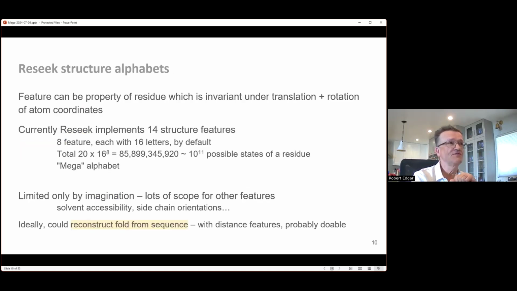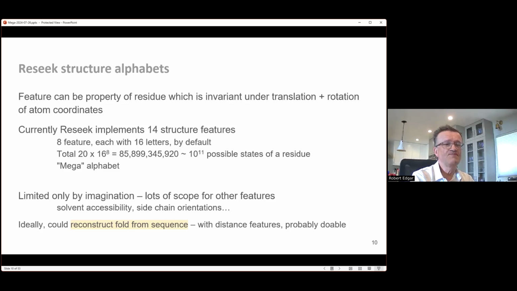And the feature, now you can get really creative. It could be any property of a residue which is invariant under translation and rotation of the atom coordinates, because of course the coordinate system you're using to describe the structure is arbitrary, so it should be an invariant. And in the current implementation, which I regard pretty much as a prototype, because we're only just starting to explore this idea, there's something like 14 features, I think, of which 8 turned out to be more or less optimal.